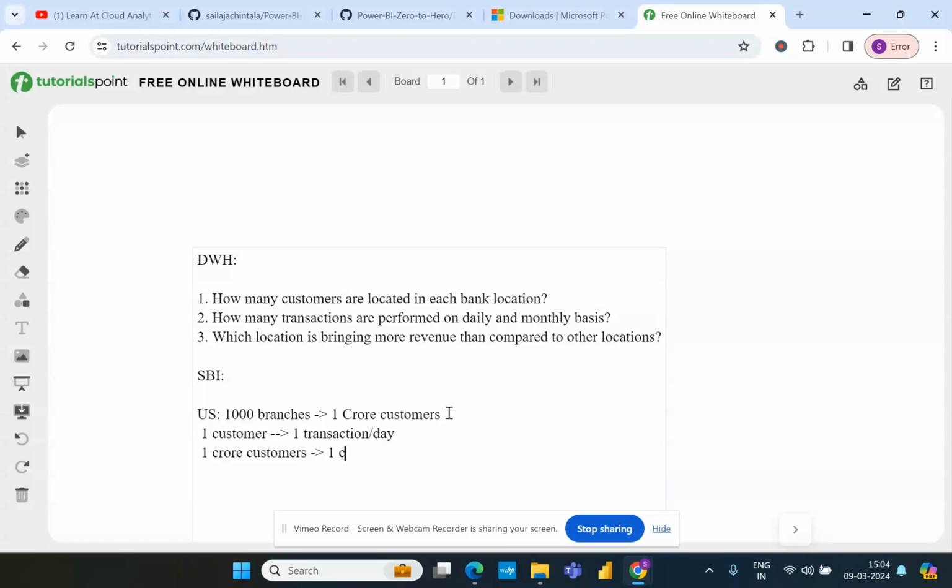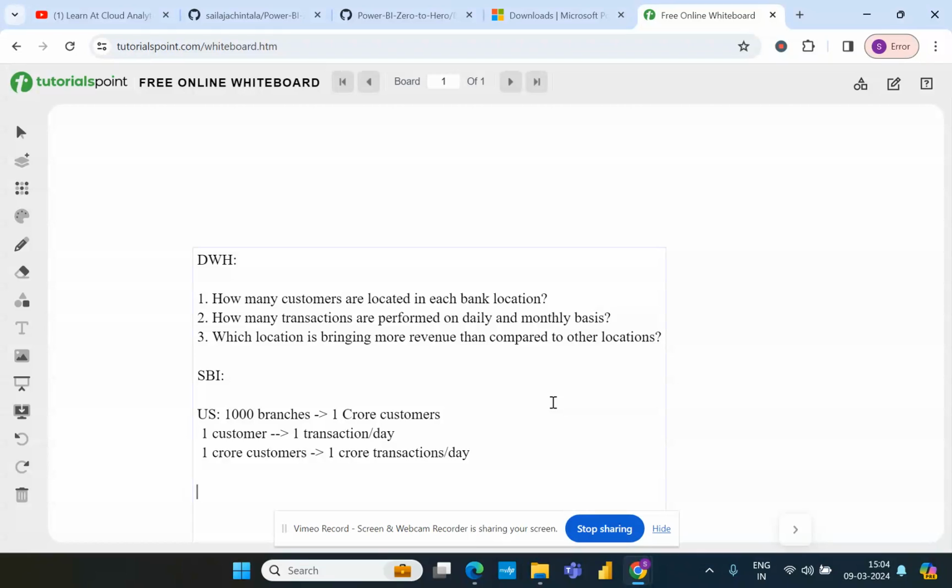It would again be 1 crore transactions per day, right? So if there are 1,000 branches in the US with a total of 1 crore customers, and assuming every customer performs one transaction per day on an average, then there would be 1 crore transactions happening on a daily basis. So this is what we have been able to calculate.